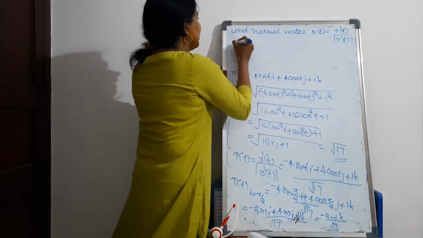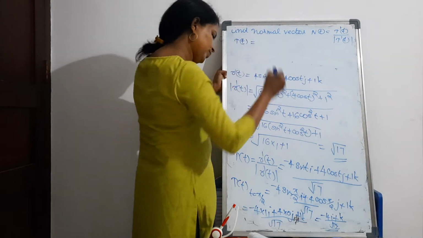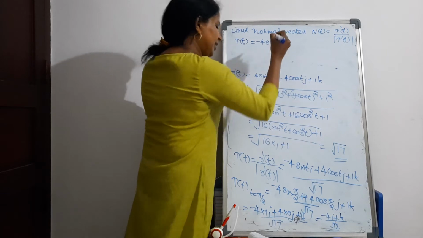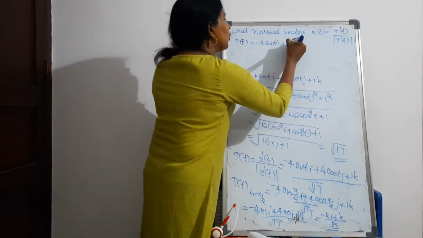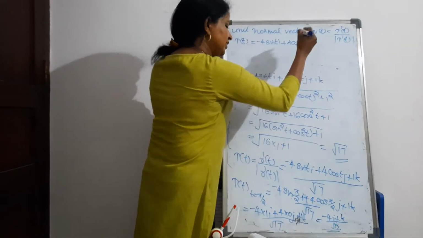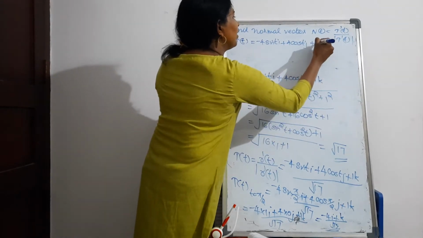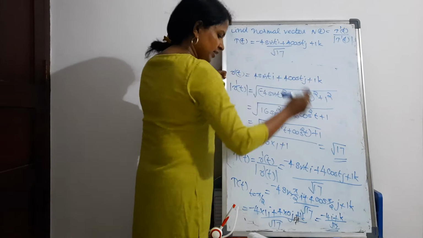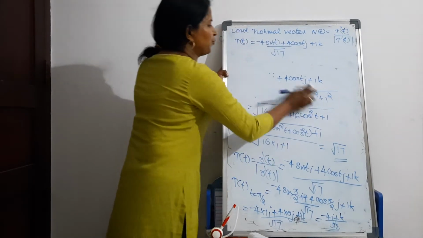What is T of t? T of t is equal to minus 4 sin t i plus 4 cos t j plus 1 k divided by root 17. This is T of t.